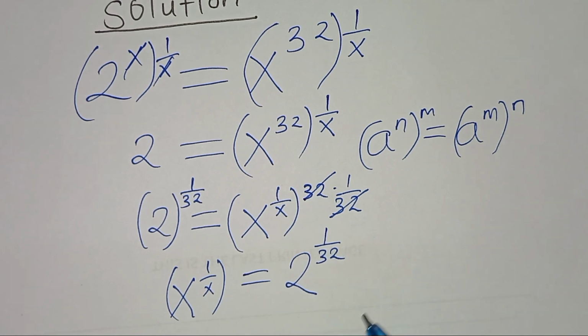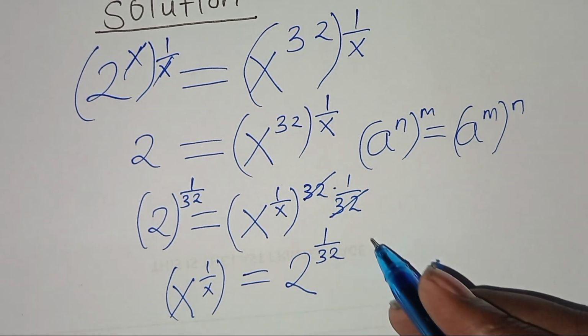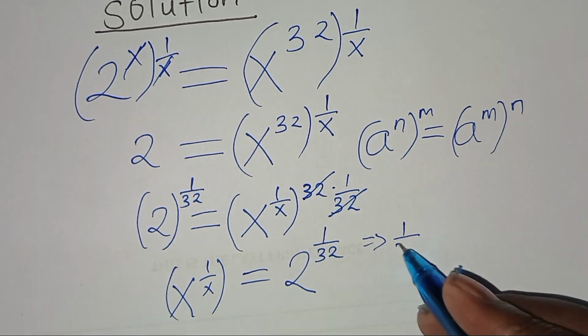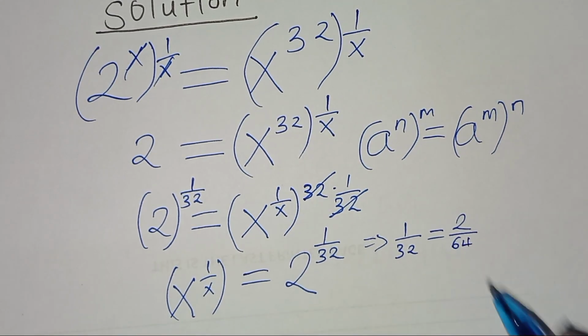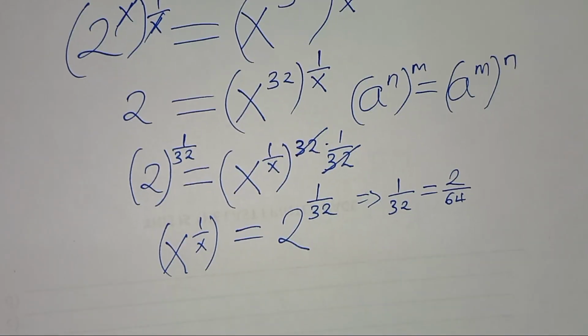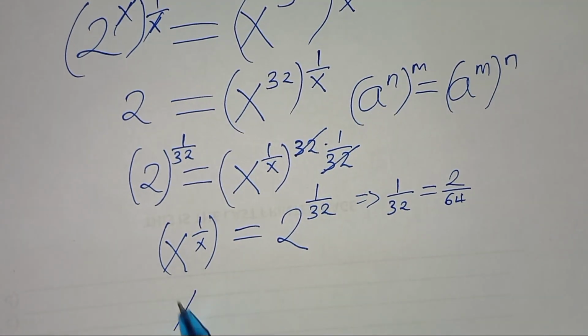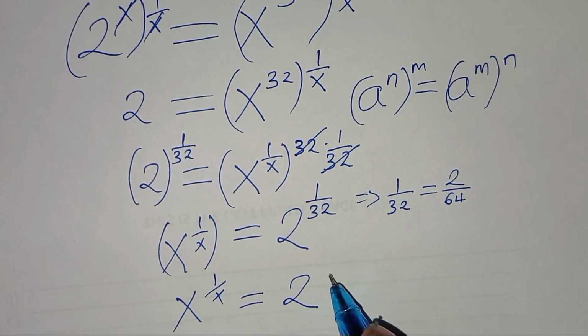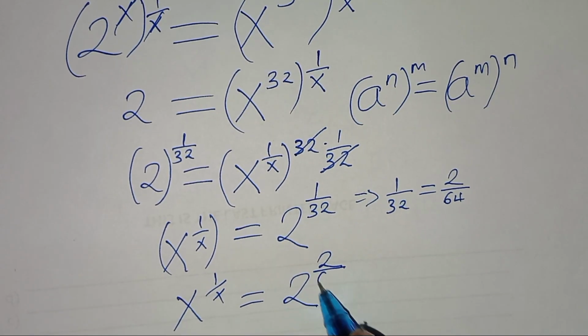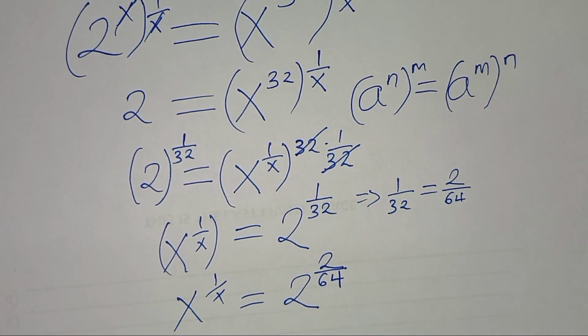In this case, we can express 1 over 32 as 2 over 64. So we'll have x to the power 1 over x equal to 2 to the power 2 over 64.